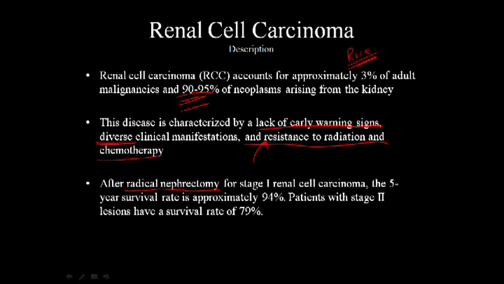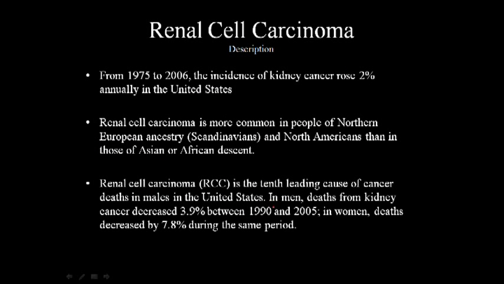The 5-year survival rate for stage 1 is 94%, so an excellent survival rate. Stage 2 has a survival rate of 79%. But notice that we have experienced a 15% decrease in just one stage. And so that tells you where you're going with renal cell carcinoma.